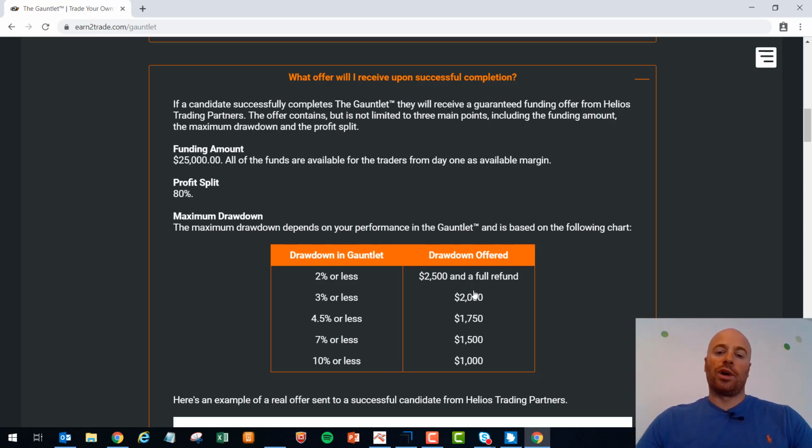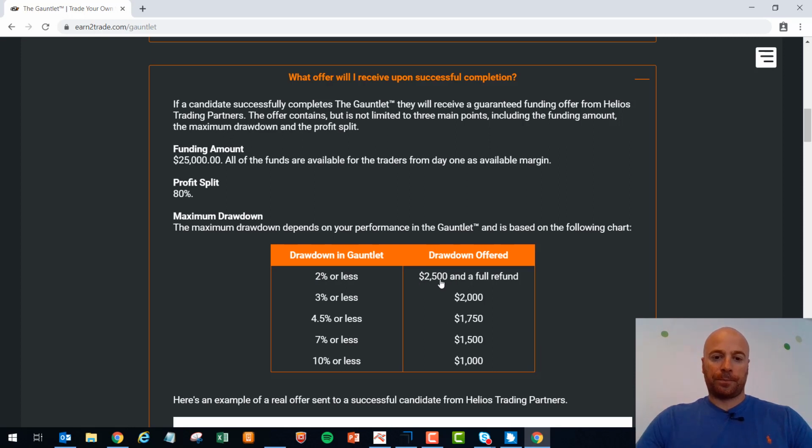The drawdown you will be given in your funded account depends on your performance throughout the evaluation stage. And in terms of performance, I mean, how much did you draw down in your evaluation account. That will then guide how much your drawdown will be in your funded account.